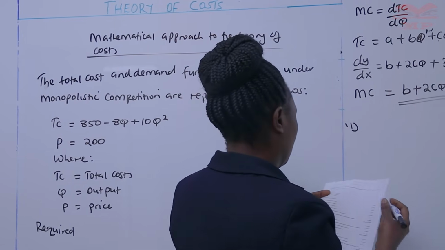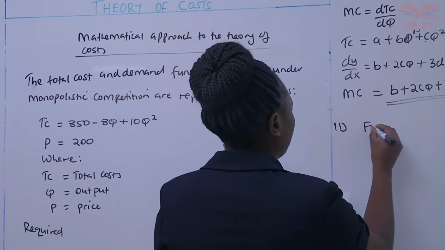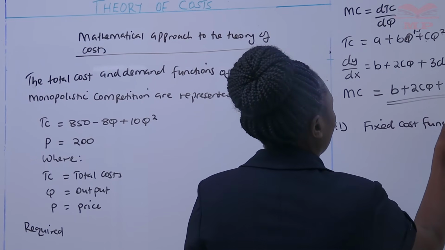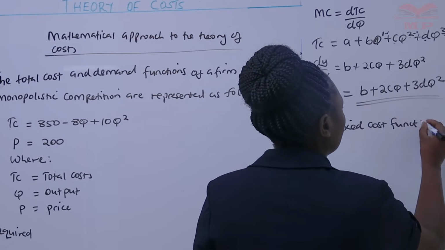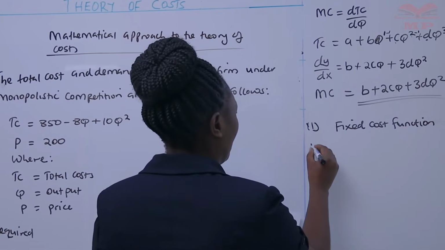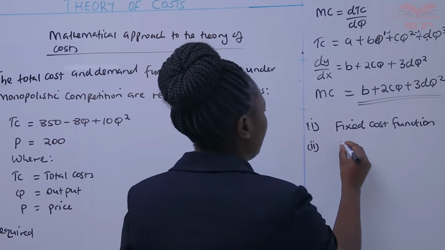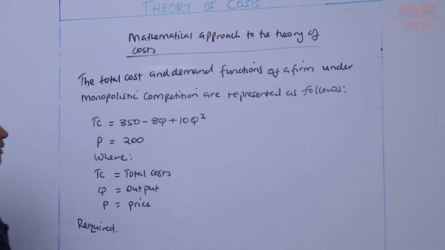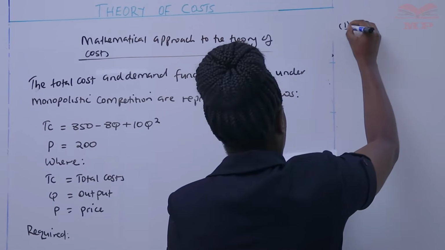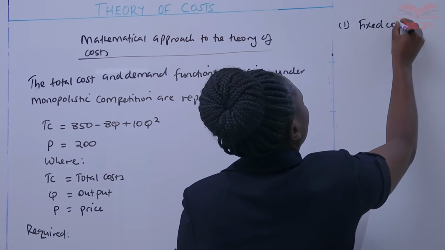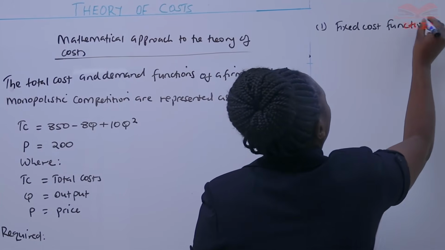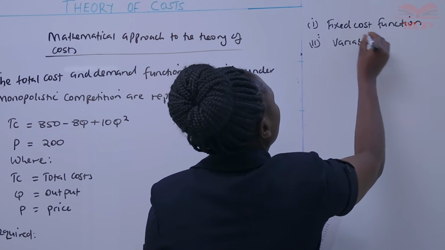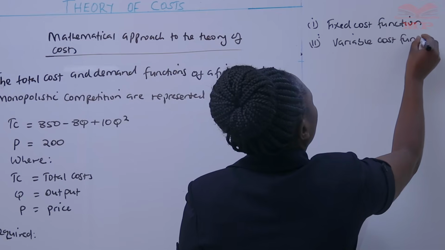Part one of the question: Roman 1, fixed cost function. Roman 2, variable cost function.